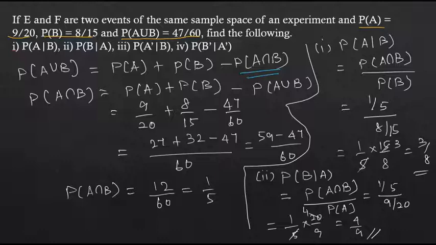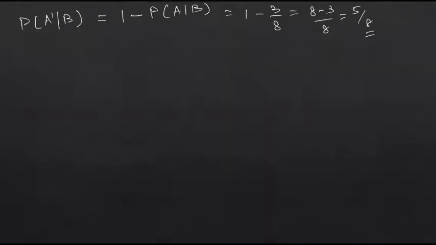Now what is the last problem? That is the probability of B dash such that A dash has already occurred.